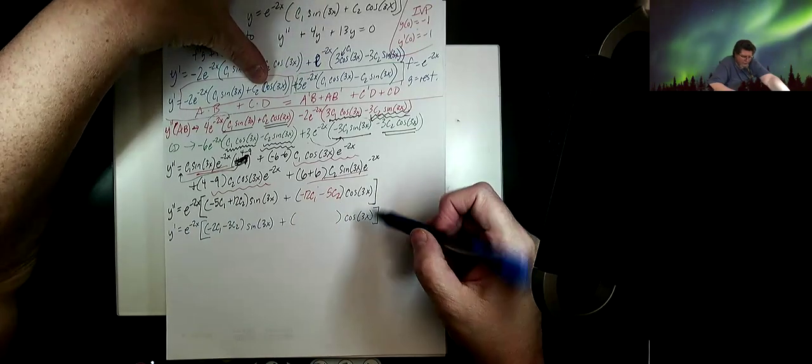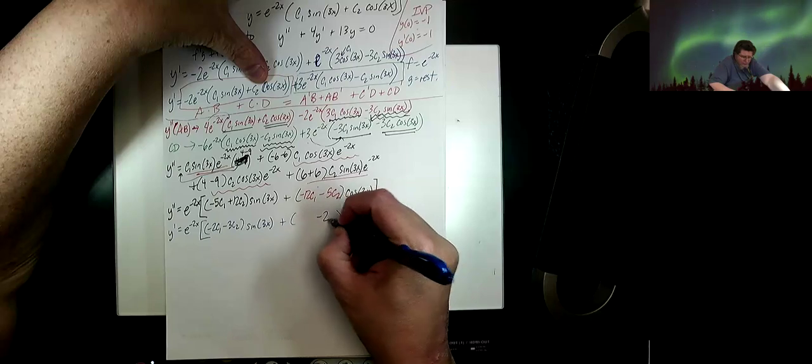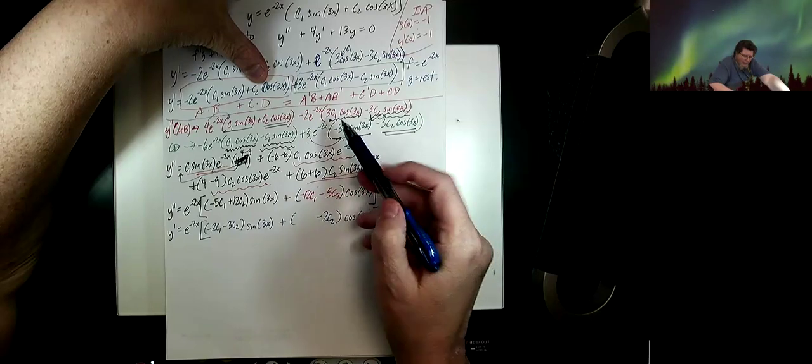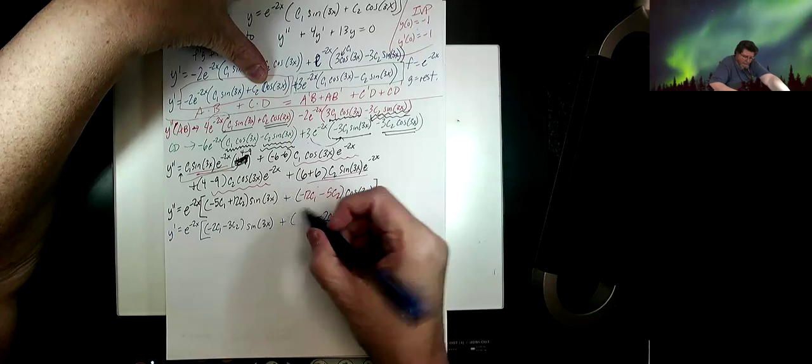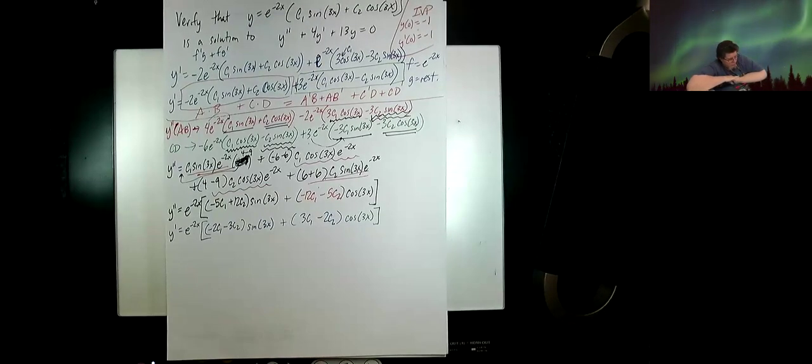Cosine had -2c2 and 3c1. I sure hope I didn't make any mistakes, because we're gonna find out when we plug them into the initial problem here real quick.